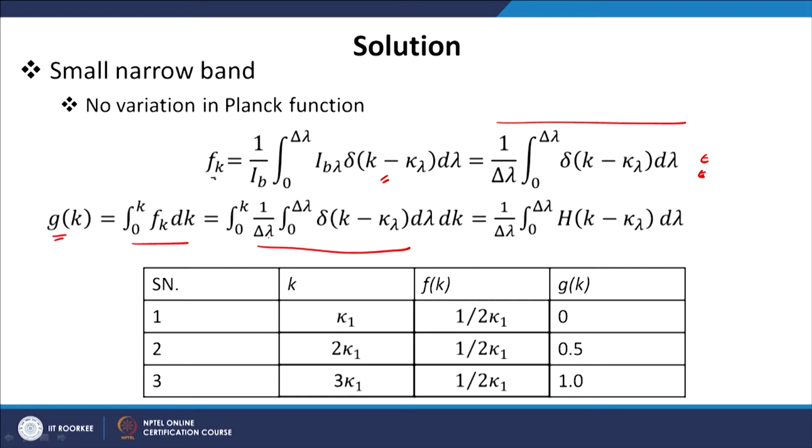So, 1 upon delta lambda is taken out, the integral over 0 to delta lambda is taken out, and we get the integral from 0 to k over this Dirac delta function, which gives us another function. The integral from 0 to k of delta of k minus kappa lambda dk becomes what we call the Heaviside function H of k minus kappa lambda. This is called the Heaviside function.